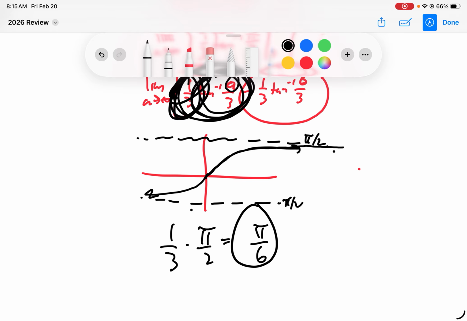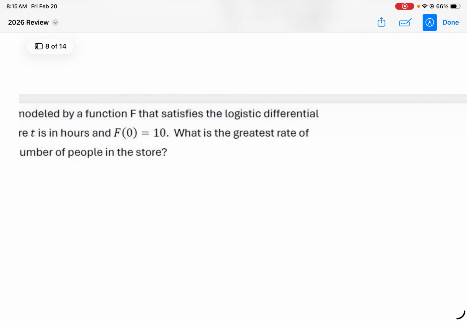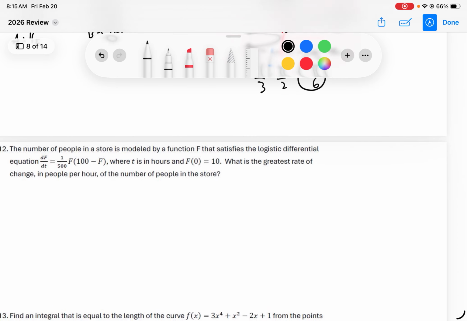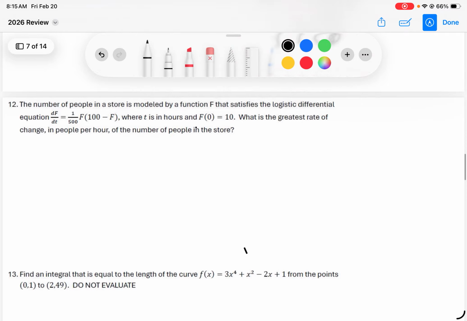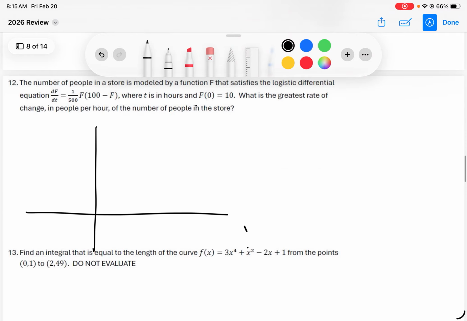All right, number 12. How long has this video been going on for? Number 12, the number of people, so differential equations. Logistic growth. The number of people in a store is modeled by this function. So I guess there's only so many people that can fit in the store. Remember, the whole idea behind logistic growth is it grows and it levels off.